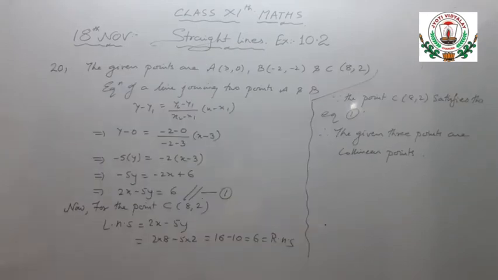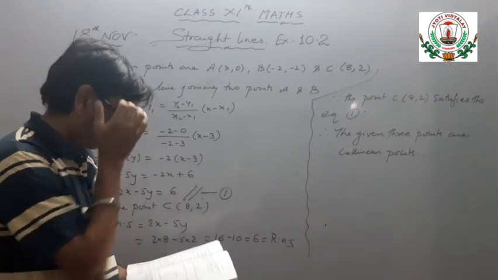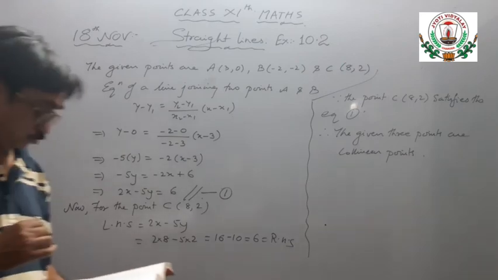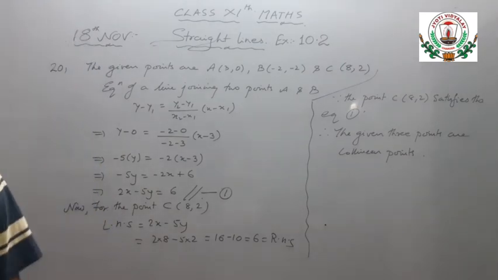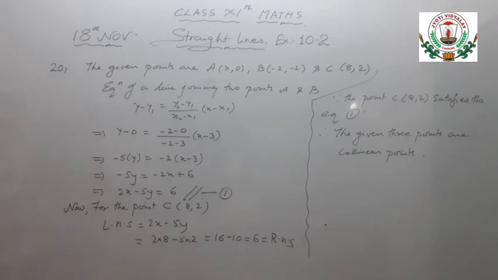Now let's move to question number 20, that is the last question of this exercise 10.2. By using the concept of the equation of a line, prove that the 3 points (3, 0), (-2, -2) and (8, 2) are collinear. Two or more points are said to be collinear if they all lie on the same line.